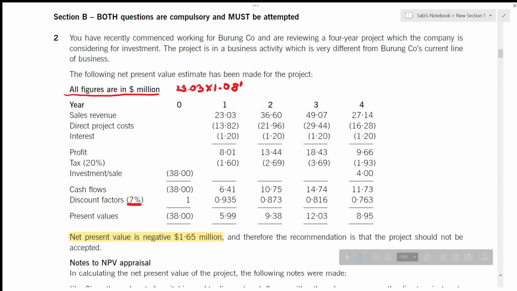This also you have to inflate again by 8%. But just see, in the first year you cannot inflate again by 8% when you come to the second year, because the sales revenue for the second year is different.